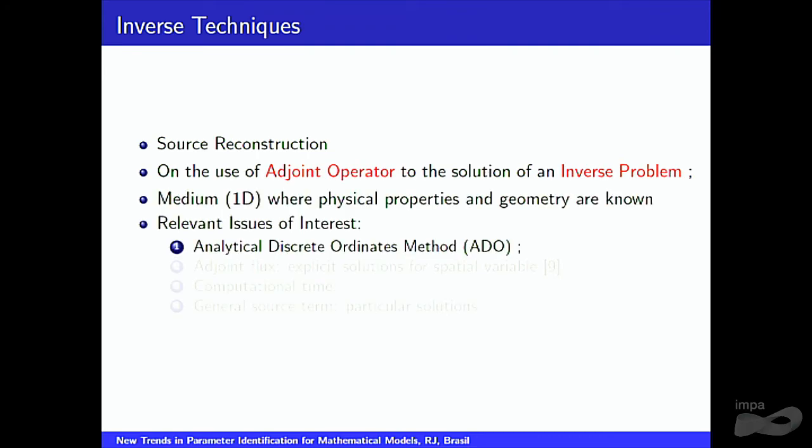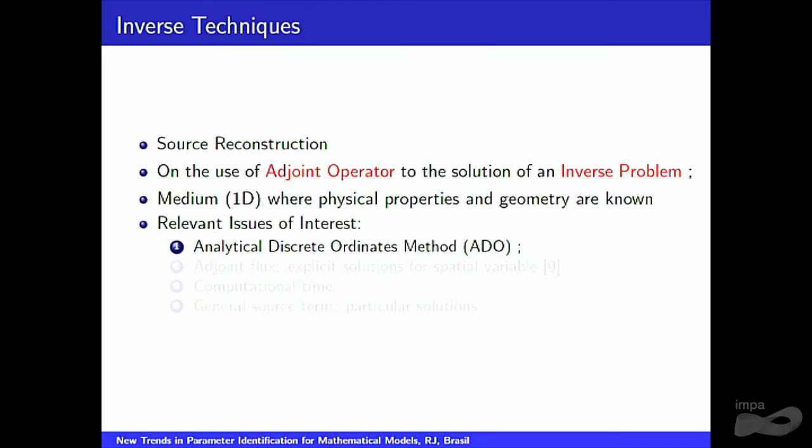We start with a medium where we know the physical properties and the geometry, and in this preliminary case, a one-dimensional medium. We start with that not just because we are interested in the application itself, but I'll try to explain a little bit.